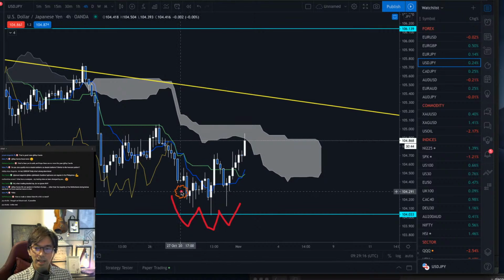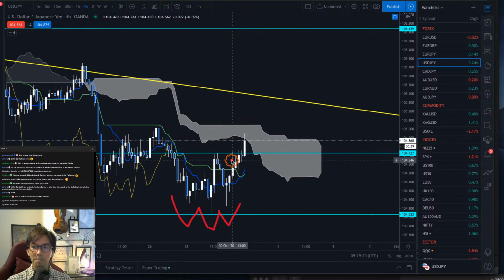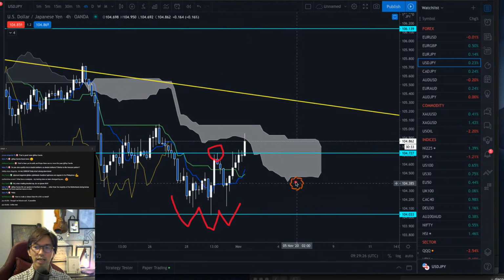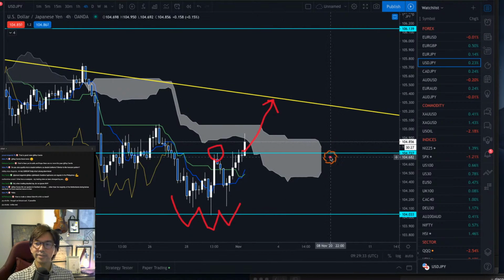After this head and shoulders, the price broke the recent high upwards. So this was the recent high, and the price is going up now. So it looks like it might continue to go up all the way to this descending trend line. That might be the case.